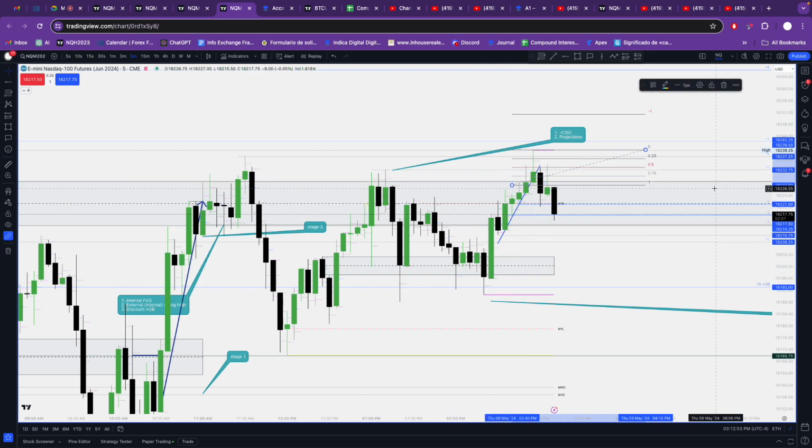But okay, I don't know how many points that was. I think it was like, NQM. Oh shit, I made the same mistake too. It was supposed to be the minis. I don't know why the mini disappeared on me.